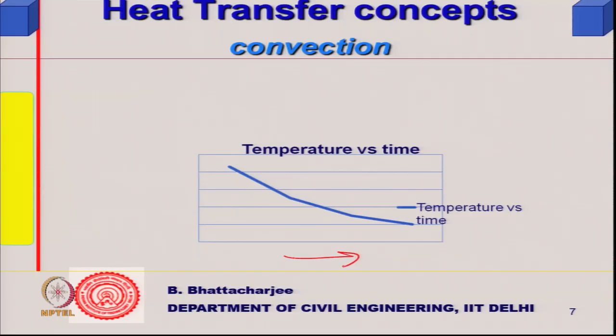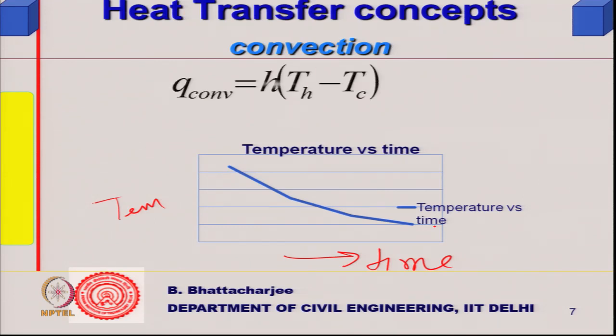If you plot time of a body and temperature, you find it is something like this. In fact, one can show that convection heat transfer is proportional to the temperature difference between the hot body and the cold body, and the constant is called the convective heat transfer coefficient.